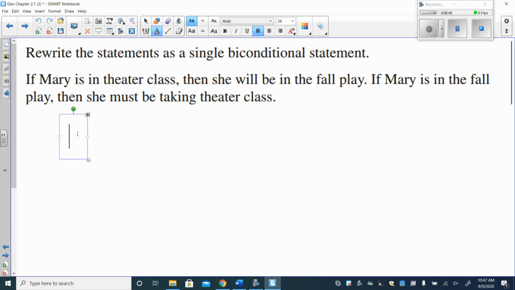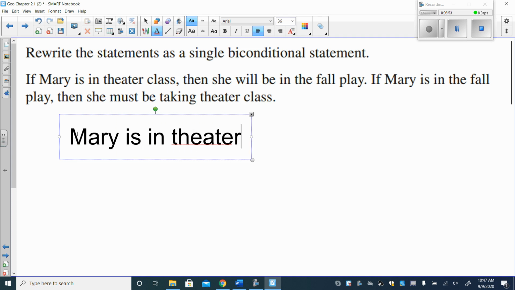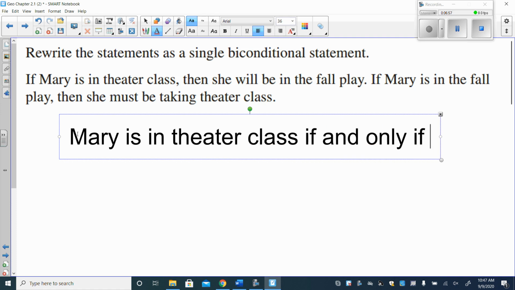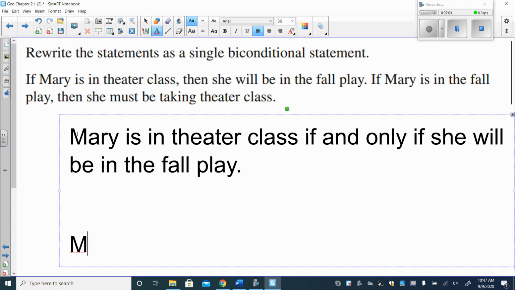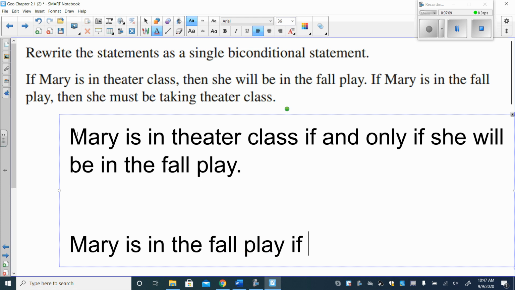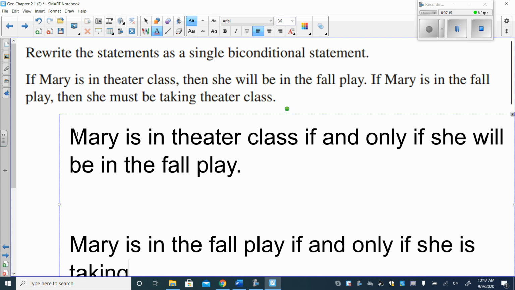So all we've got to do is pick one. So I can say Mary is in theater class if and only if she will be in the fall play. We could also say Mary is in the fall play if and only if she is taking theater class.